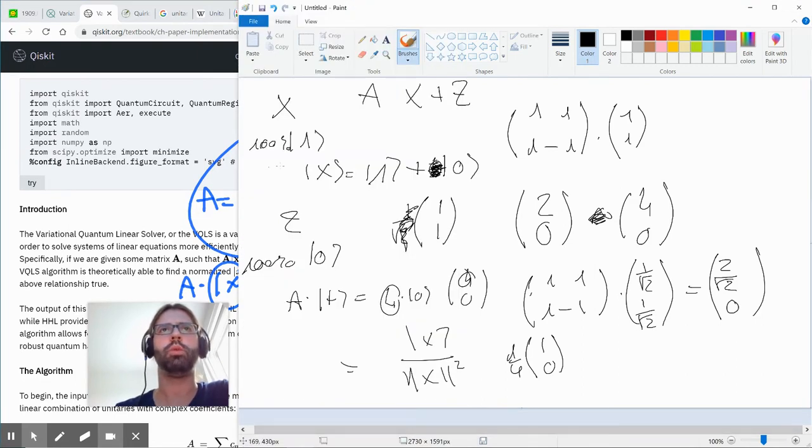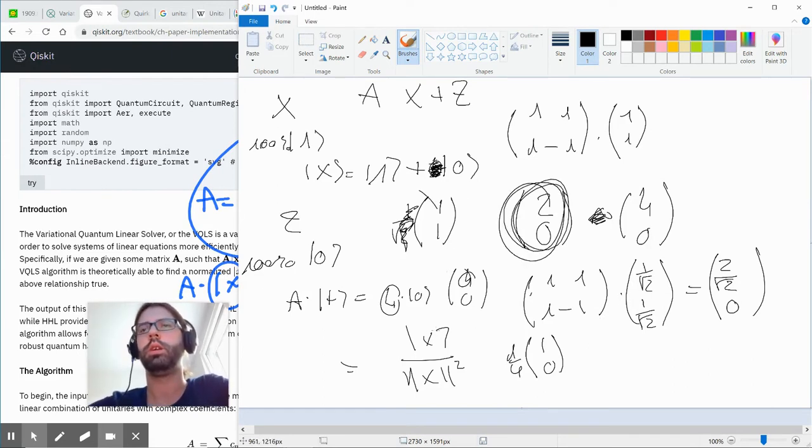Because with X I get 100% 1. With Z I get 100% 0, and so I assume that this is the 1 plus 0 state or 0 plus 1 state, which is the plus state. It gives me a solution that's proportional, because it gives me these here.